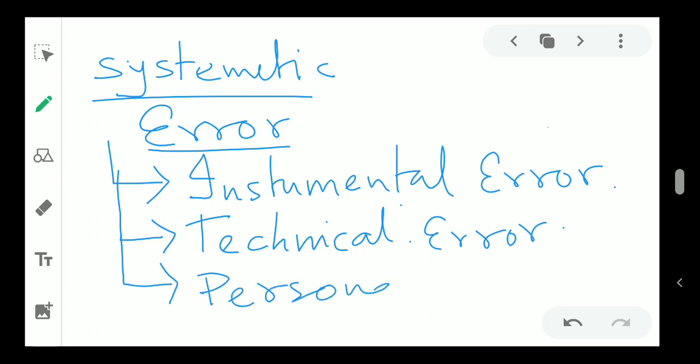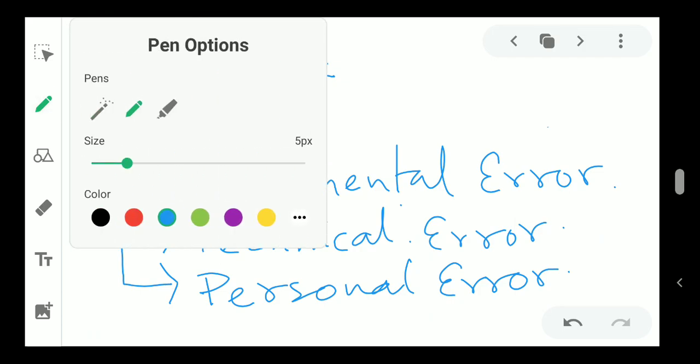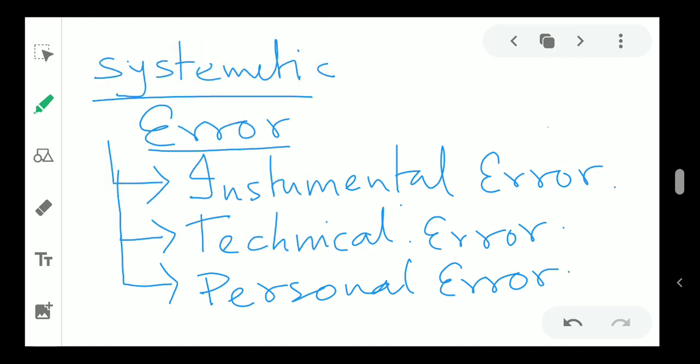Personal error basically occurs due to the observer, who is taking the data. So we have to be very precise while taking the data. How to be precise? Let's say you are measuring with a galvanometer.